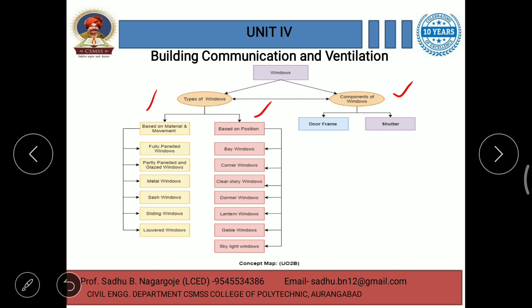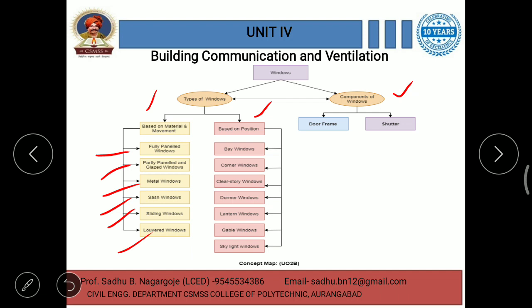There are basically 6 types of windows on the basis of material used and the movement of window. First one is fully paneled windows, then partly panel and glazed windows, metal windows, sash windows, sliding windows, and louvered windows.